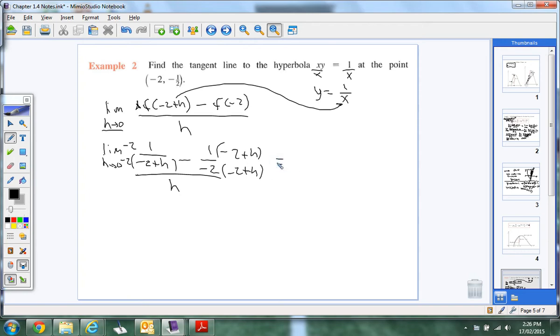That's going to give me, I'm just not going to write the limits for right now, -2 over, do I distribute? Yep. 4 minus 2h minus -2 plus h all over 4 minus 2h.